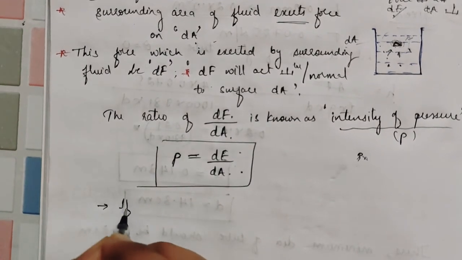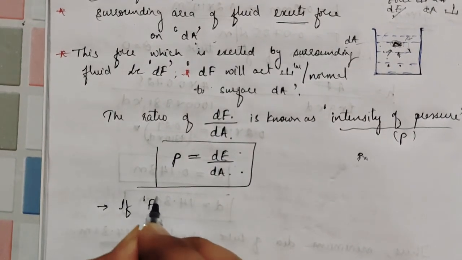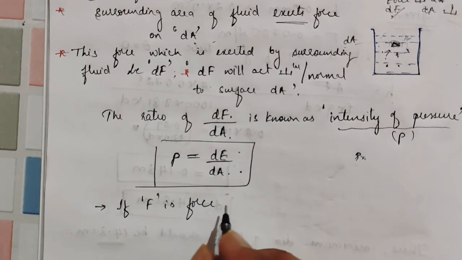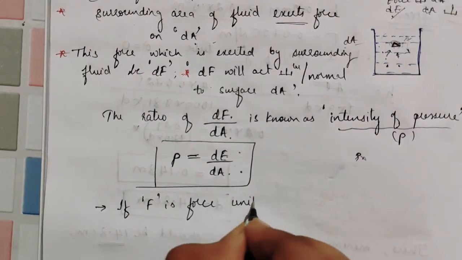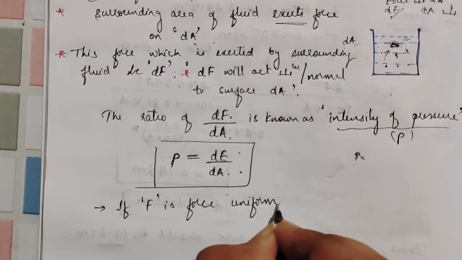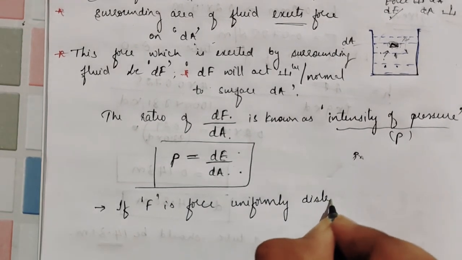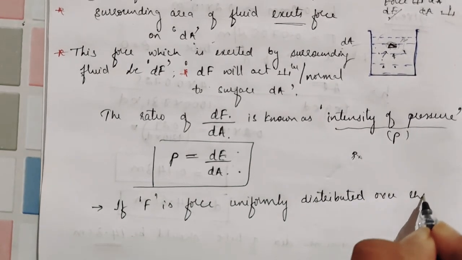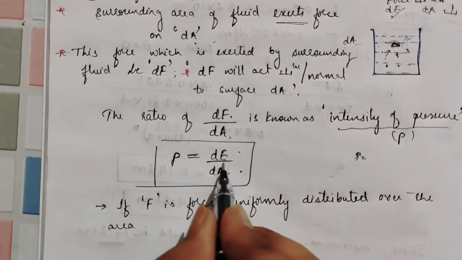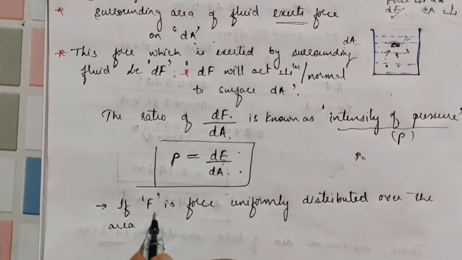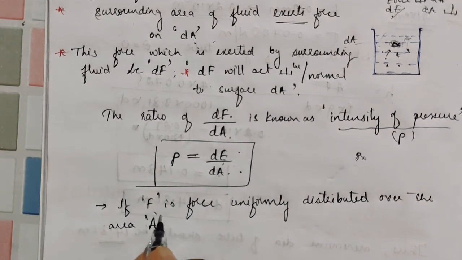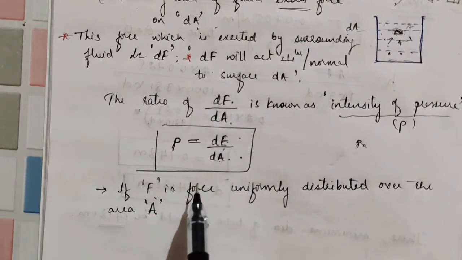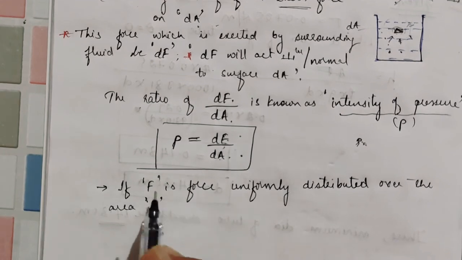That's why, if F is the force, this dF only, this F is the force uniformly distributed over the area. We took dA as capital A, so that we are telling that we are considering the full fluid area.